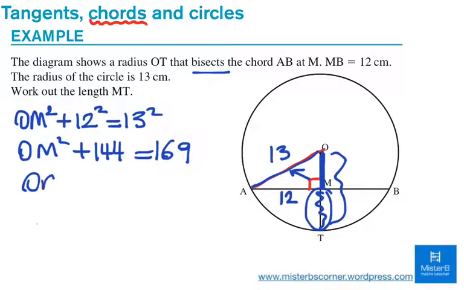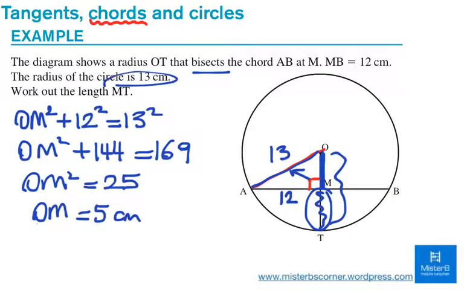From here I'll find OM squared to be 25, and I will end up with OM being 5 centimeters. Now that I know the radius is 13, MT equals 13 minus 5, which is 8 centimeters.